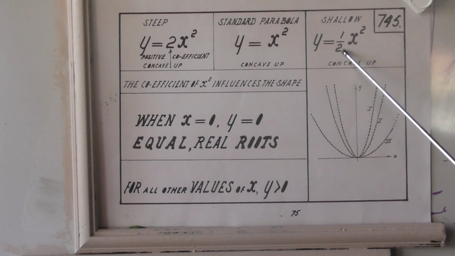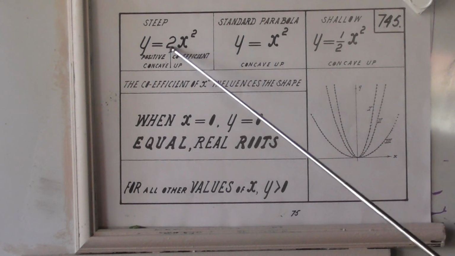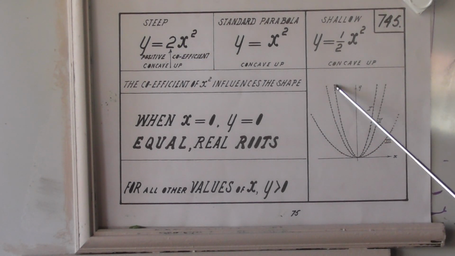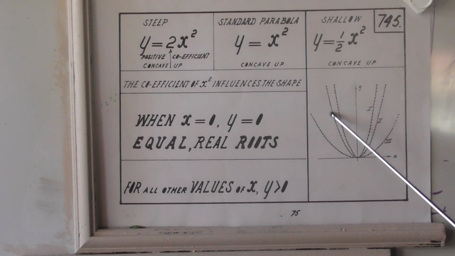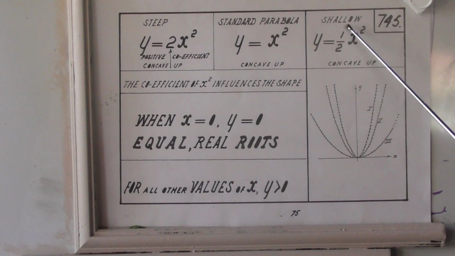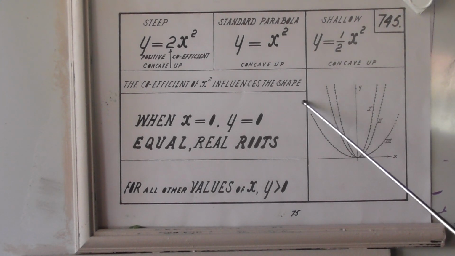So if this is a fraction, then it is the shallow one. This is the sharp one. This is the standard one. And if we go to fractions, then we have a shallow one.